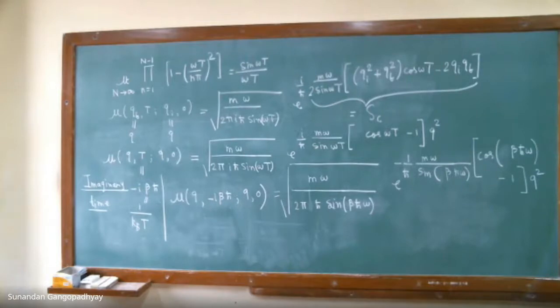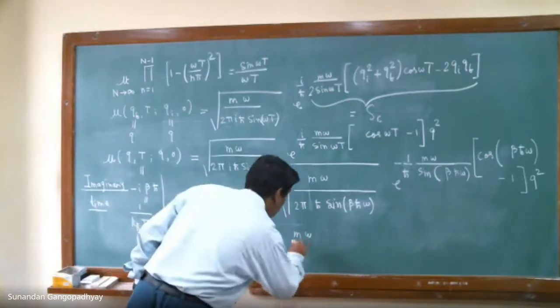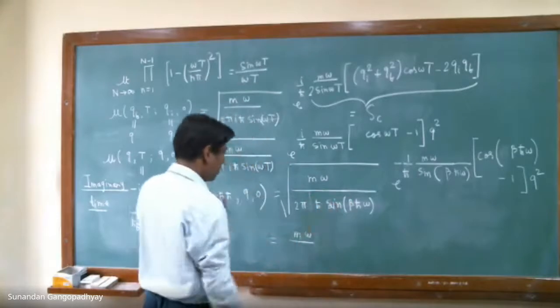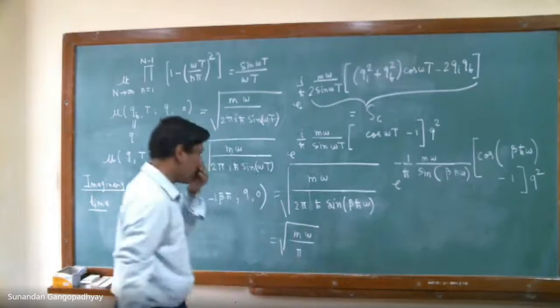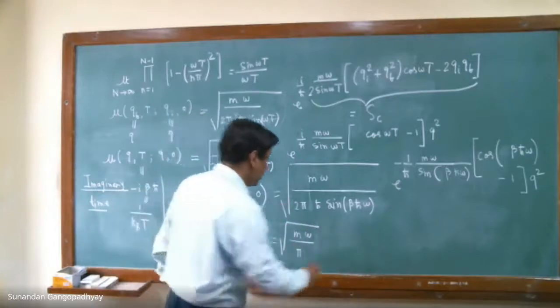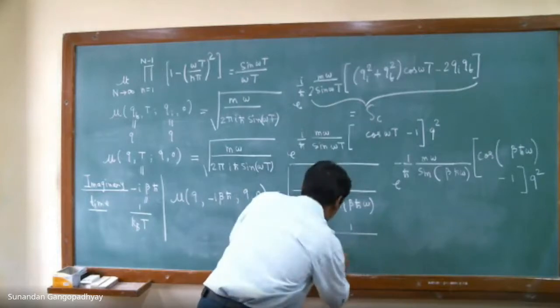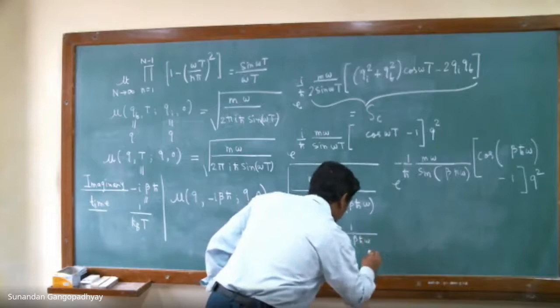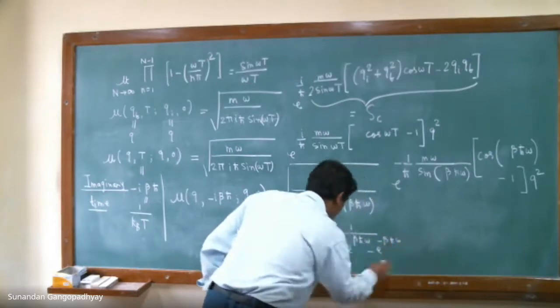Now this is just a matter of simple algebraic manipulations. What you can do is factor out m omega by pi, and then we have 1 divided by 2 e to the power of beta h bar omega minus e to the power of minus beta h bar omega by 2.